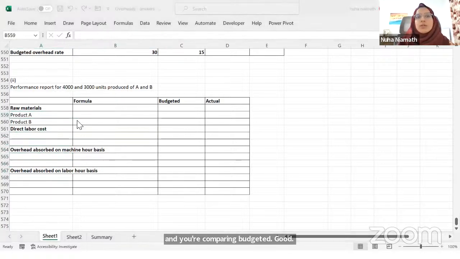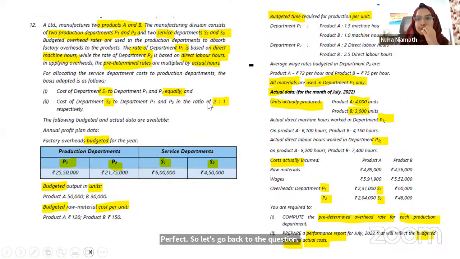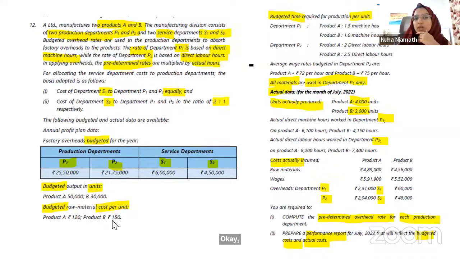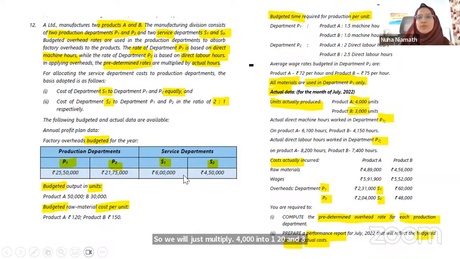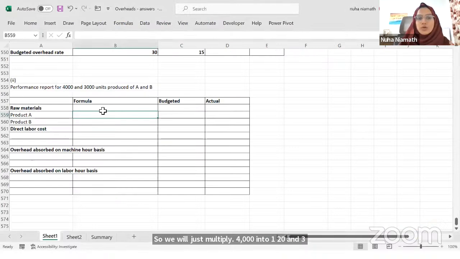Product A. So let's go back to the question. Question says cost per unit is 120 rupees for A, which is budgeted, and 150 rupees for product B. And we have the actual units already, 4,000 units and 3,000 units. So we will just multiply 4,000 into 120 and 3,000 into 150. Okay, I hope that's clear.